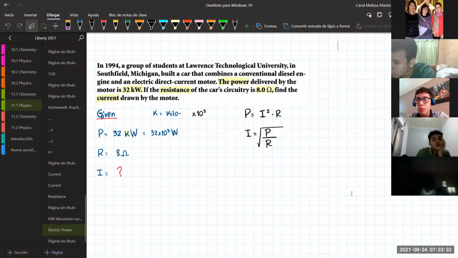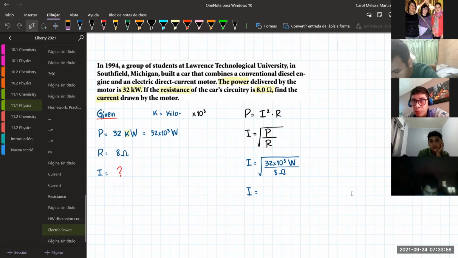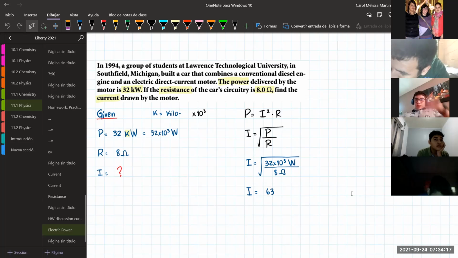Now all you do is plug in the givens. Power, that is 32 times 10 to the third power watts, divided by the resistance that is 8 ohms. Okay, I got the current, 63.25.